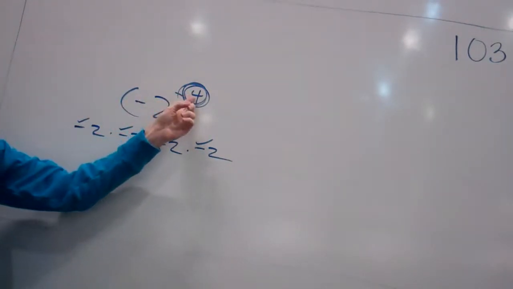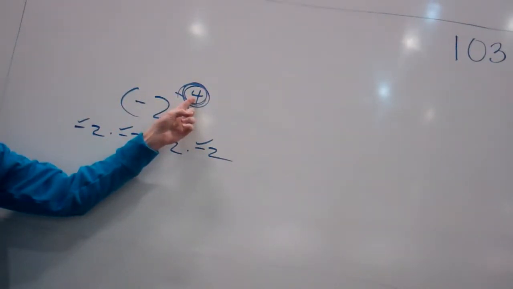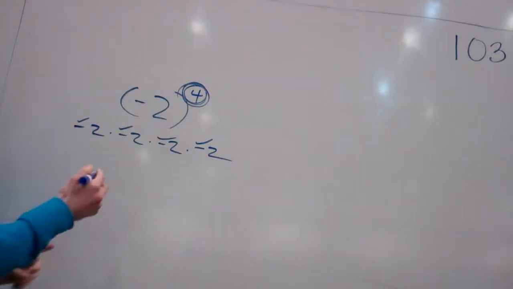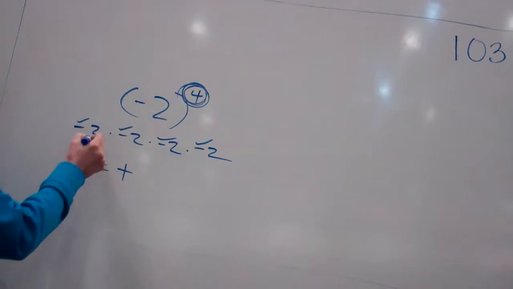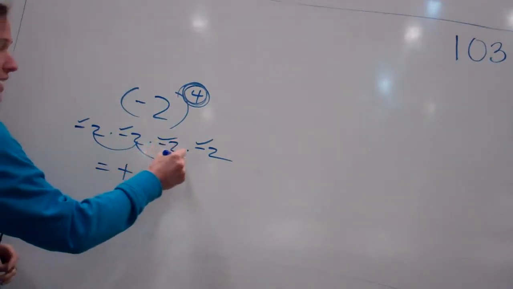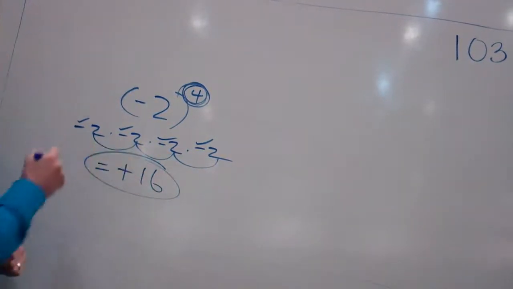And so if I have 4 negative numbers, my answer is going to be positive. Why is it going to be positive? Because 4 is even, right? So my answer is going to be positive. I'm going to want to write that in, and then I just multiply. 2 times 2 is 4, 4 times 2 is 8, 8 times 2 is 16. Answer is positive 16.